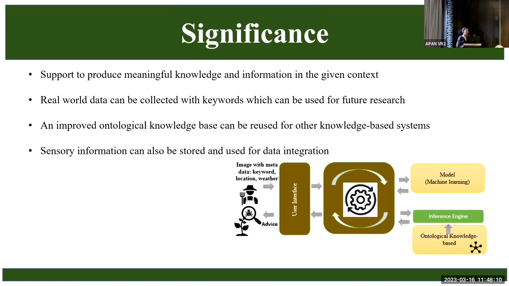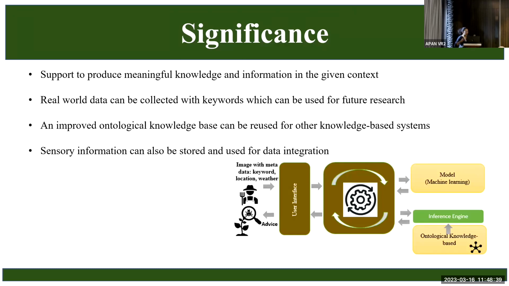The improved ontology knowledge base can also be used for other similar research. Because we developed our ontology with web standards, we can easily reuse it for other purposes. If we need to add precision agriculture, we can collect sensory information, and this ontology also provides the facility to store that sensory information.